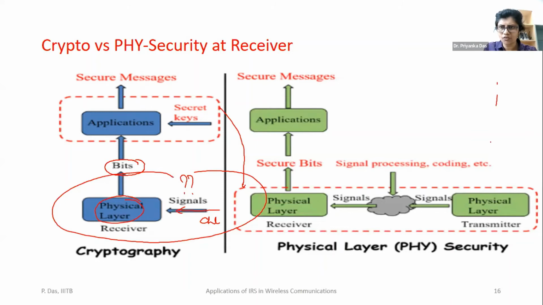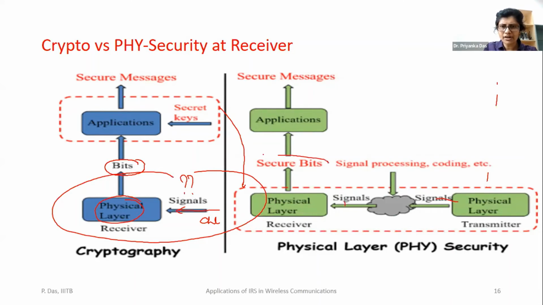Of course, there are a lot of other layers; I came down to the physical layer. I transmit my signal. There is a channel. Interference can be added. There might be a lot of coding and signal processing techniques which we can handle at the physical layer itself. We will receive here.